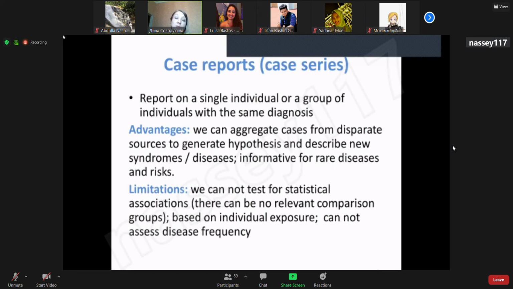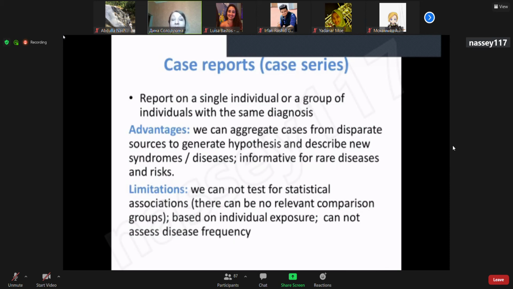So you understand that case reporting is used to generate hypotheses, and usually we use it for new problems, for rare problems, and it's not suitable for something which is already known or very typical. The main limitation in a case report is that we cannot apply statistics.